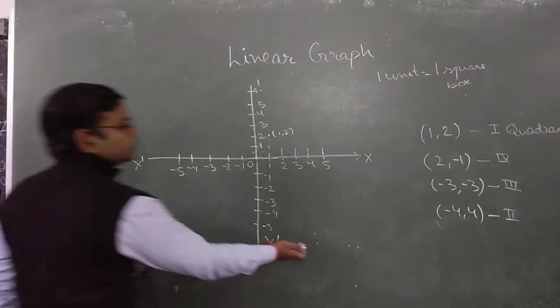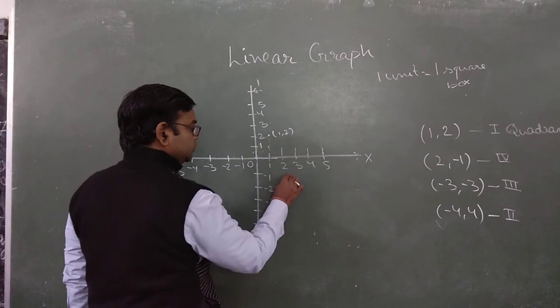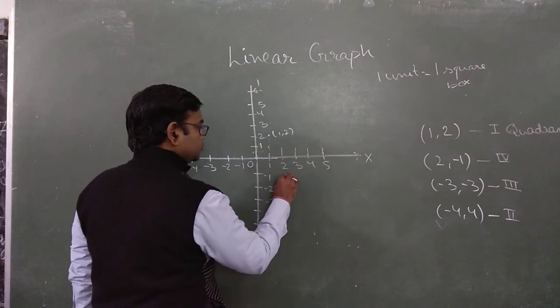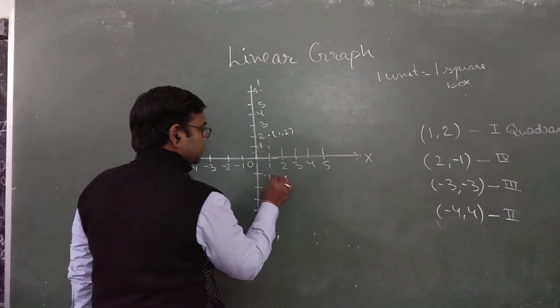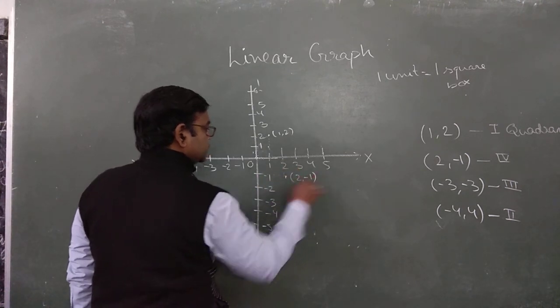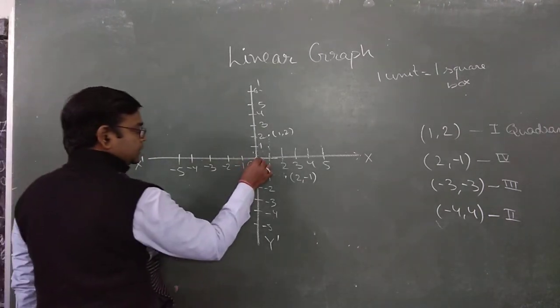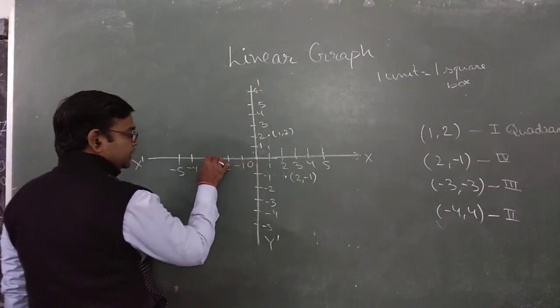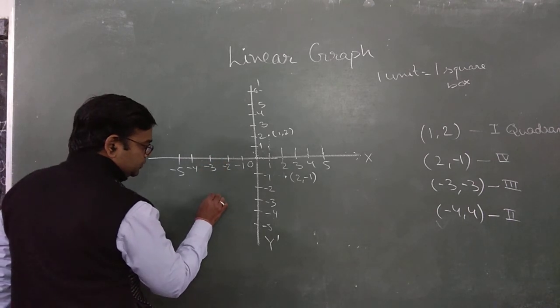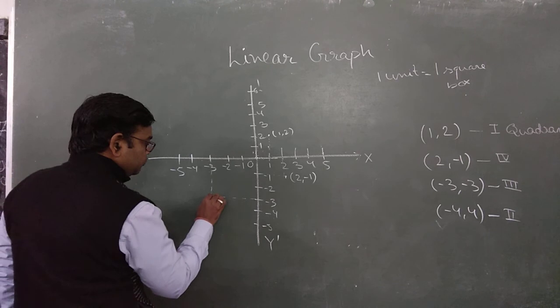Then see the next one, in the fourth quadrant. 2 along x, -2 along y. This is your second point. Likewise (2, -1). Then the third point: -3 along x. First we move -3, then -3 along y. Use dotted lines. This is your point.